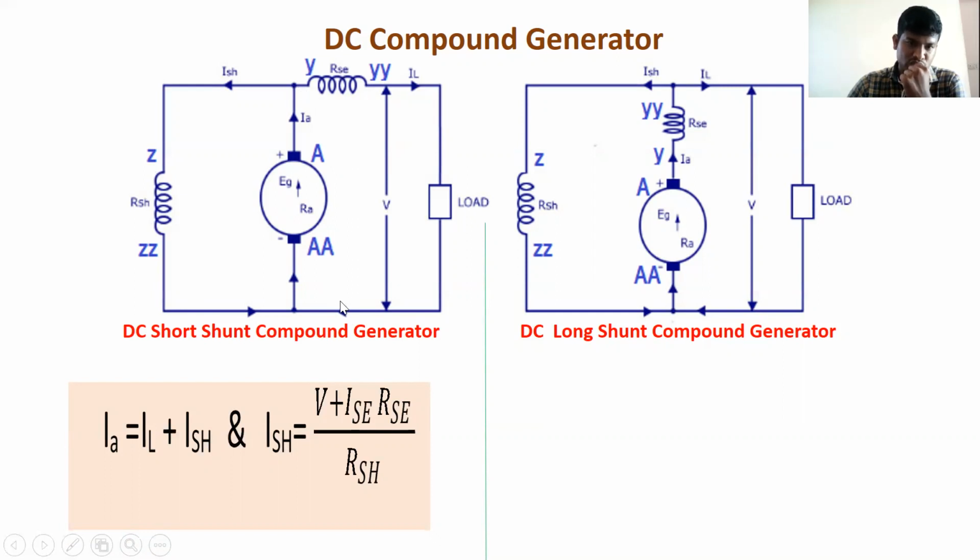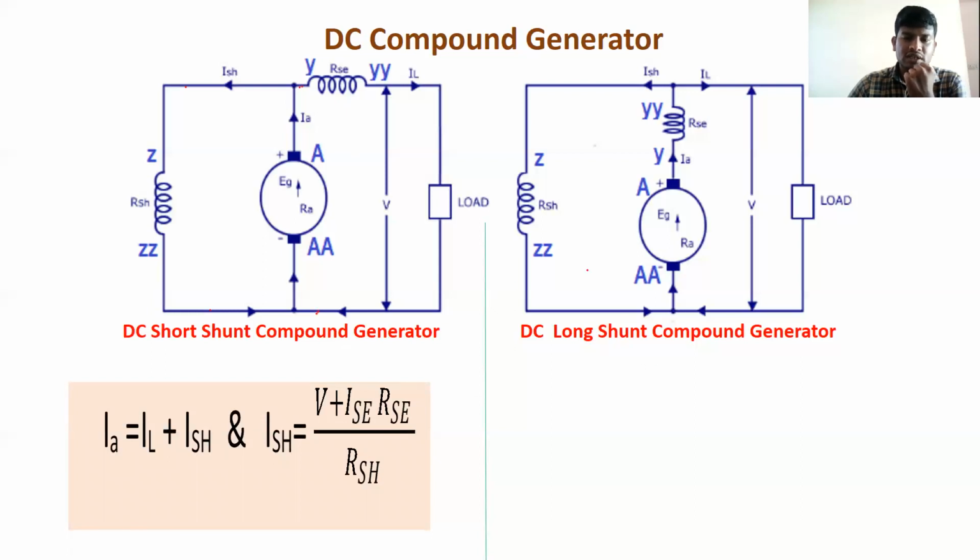The voltage across these two terminals, the armature terminals, has one voltage drop ISC RSC and another voltage drop V. The voltage across these two points is nothing but the voltage across the shunt field, that is V. That's why the current passing through the field, ISH, equals voltage by resistance, that is V plus ISC into RSC, divided by RSH.